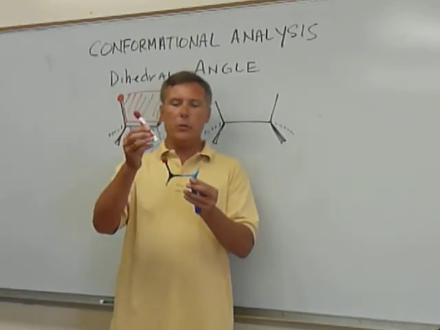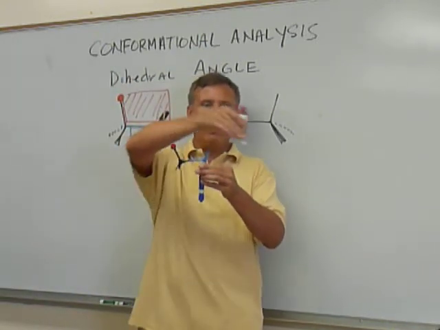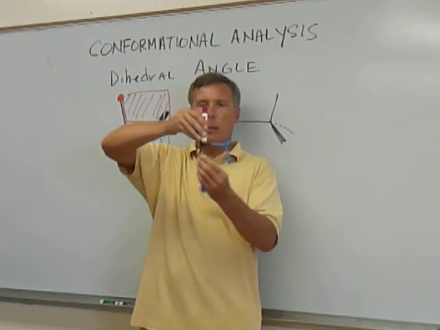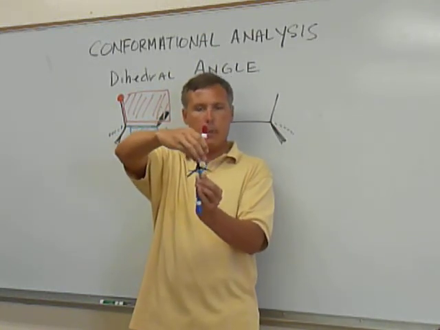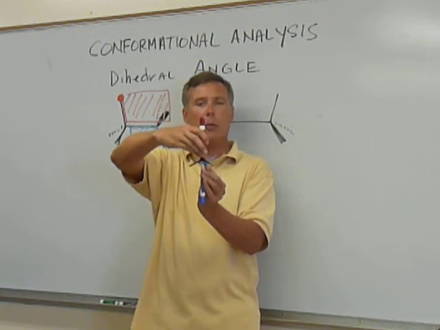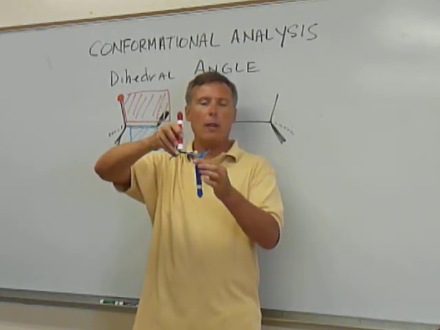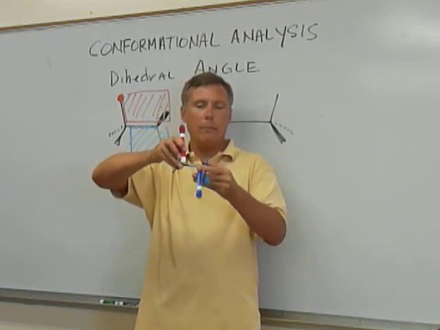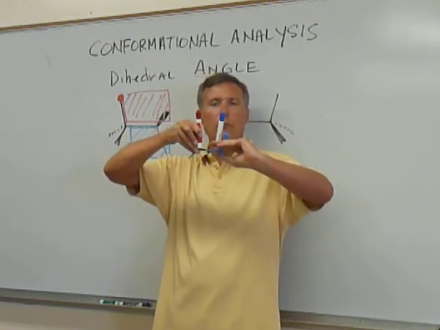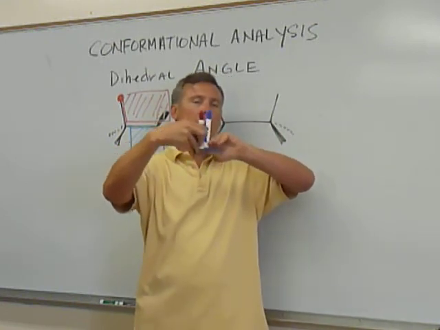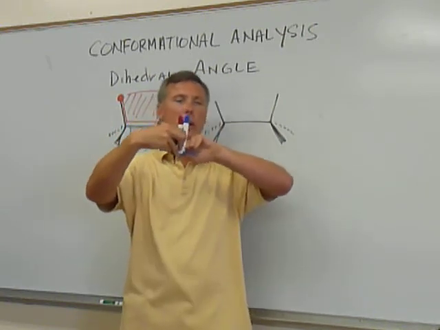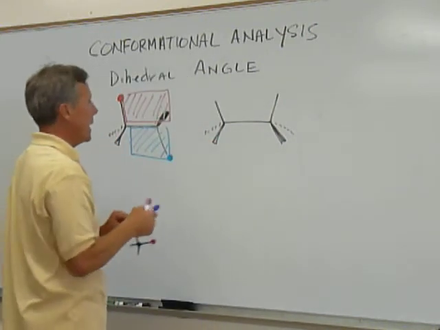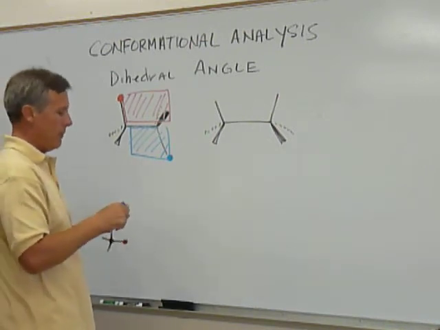When the two planes, the red plane and the blue plane, are opposite one another, the dihedral angle is 180 degrees. However, if I rotate the blue plane to a dihedral angle of 0, the two planes have an angle of 0 degrees between them, as in the eclipsed conformer.